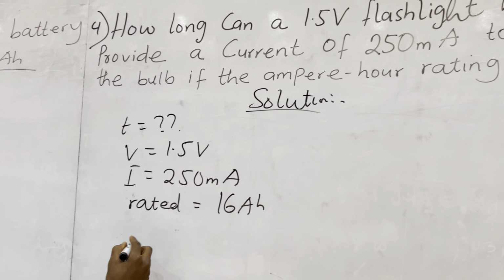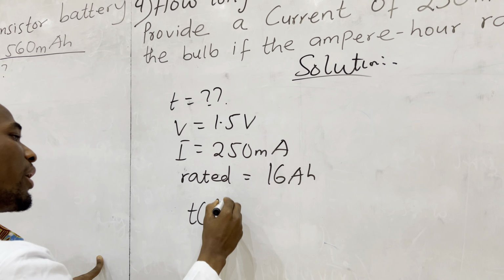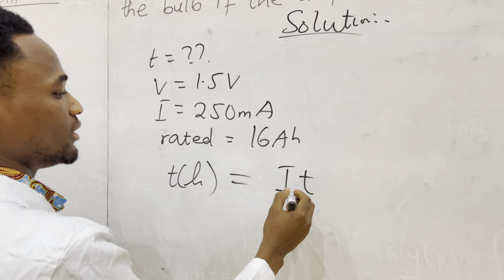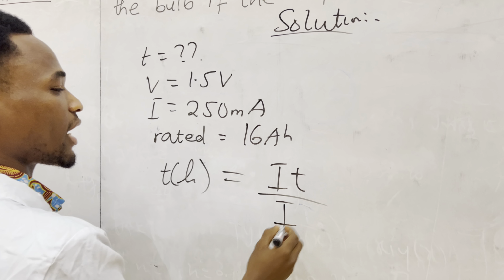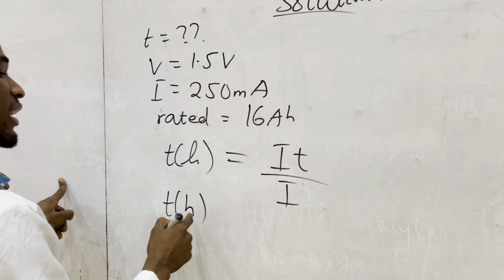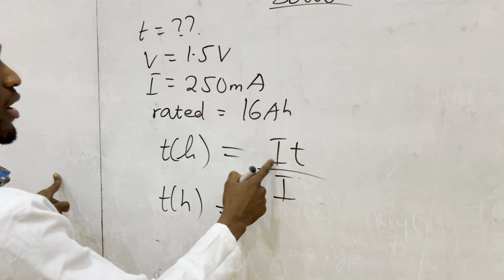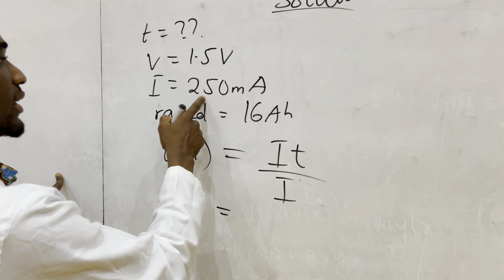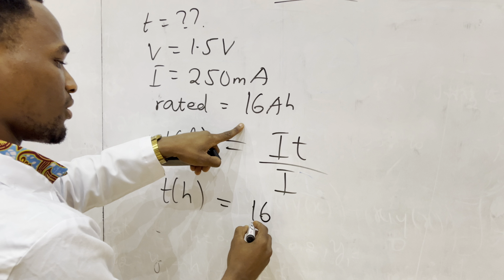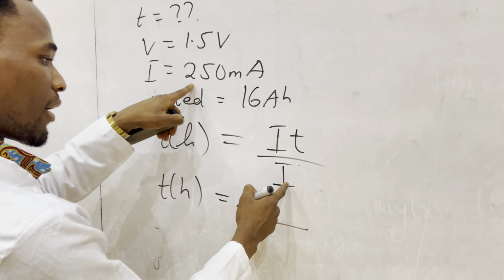The time measured in hours is equal to my IT, the ampere hour rating, which is my 16, all over the current drawn.